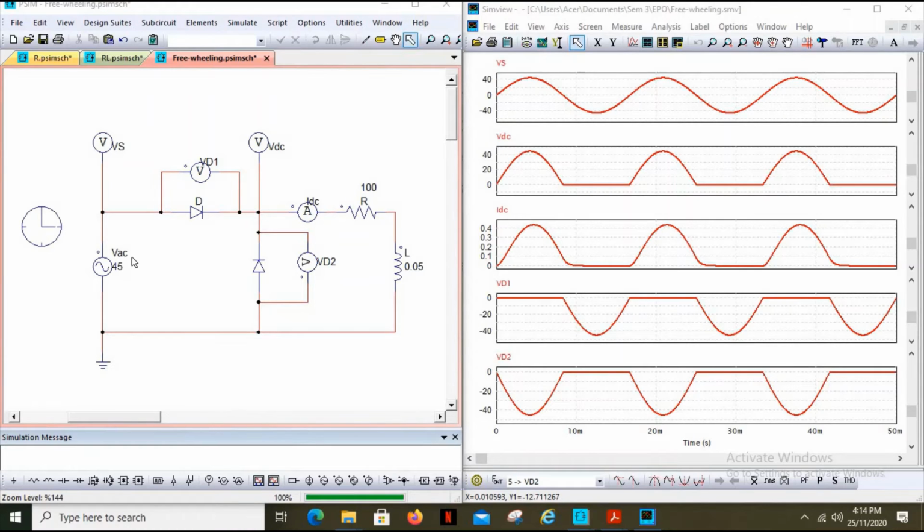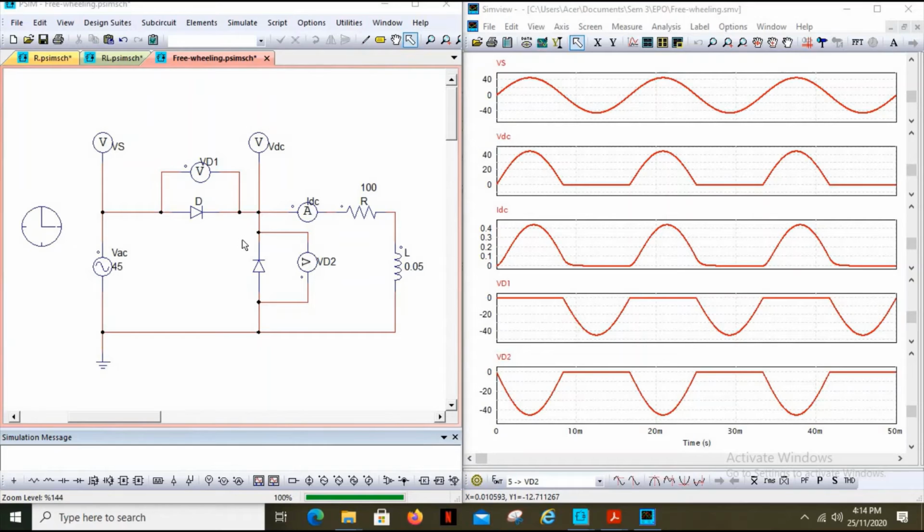When in the negative cycle, the second diode will become short circuit, and the first diode will become open circuit.